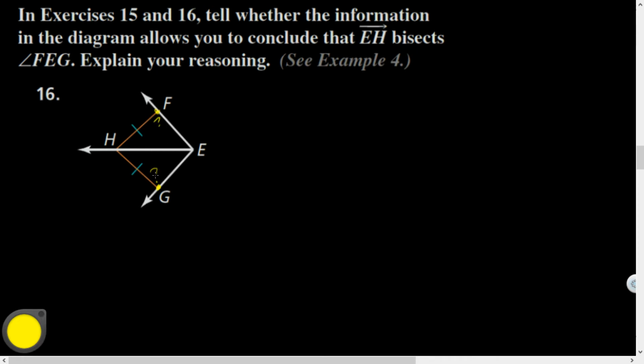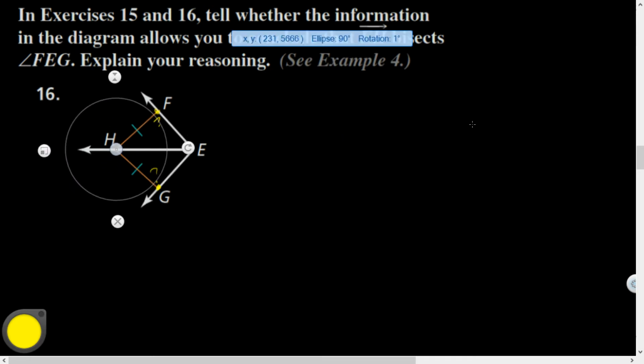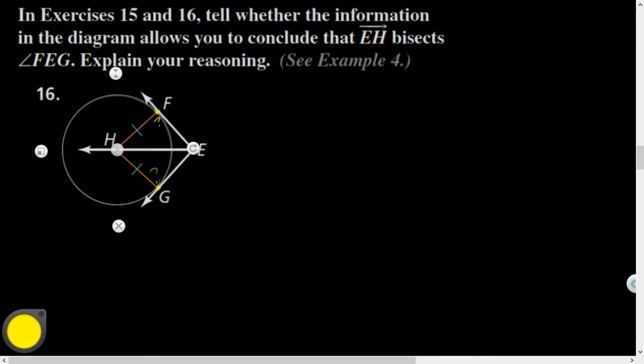I don't know if they're congruent to each other. I mean, of course, there's going to be some value where a circle, where two radii, are going to intersect these two lines, these rays. But I don't know.